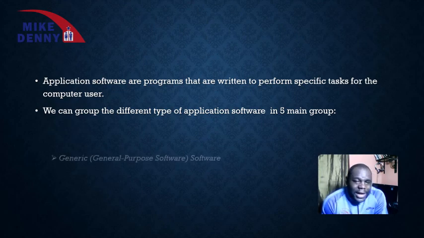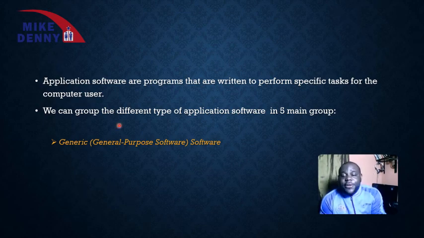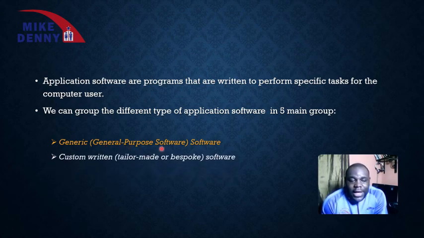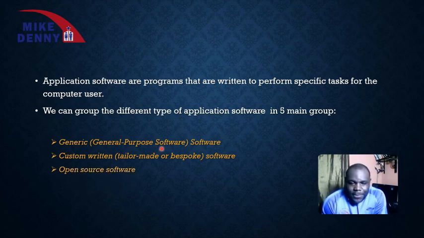Application software are programs that are written to perform specific tasks for the computer user. We can group the different types of application software in 5 main groups. The first one is generic software or general purpose software. And you also have custom written, what we call tailor-made or bespoke software.